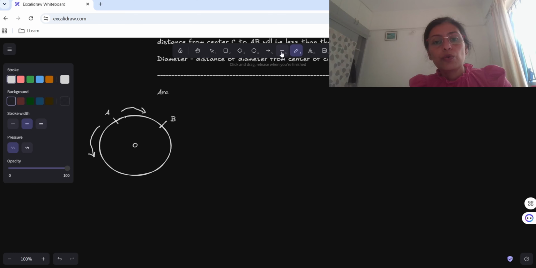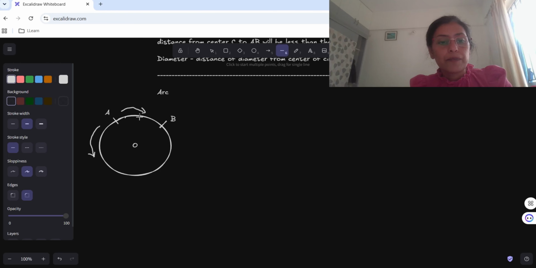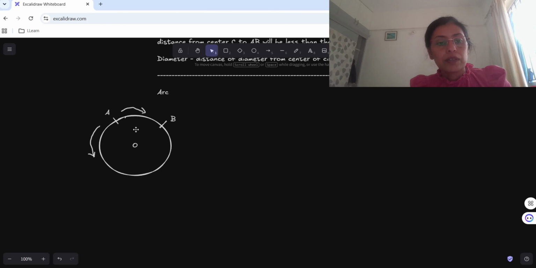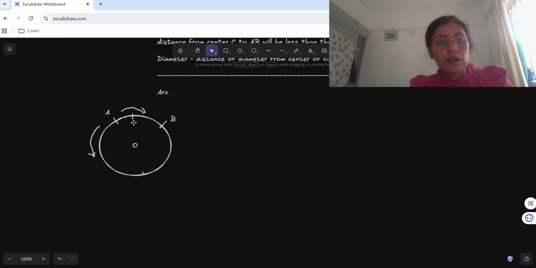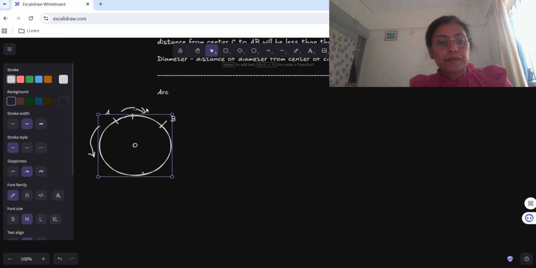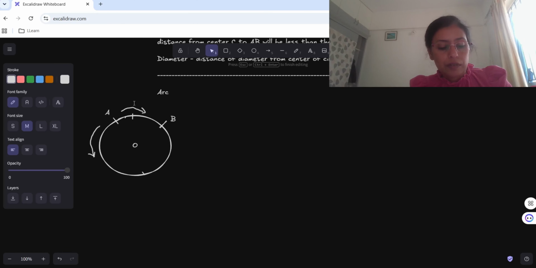So to show that, this is one way of going. I'll make a point here and I'll make another point here. I'll call this point X. I'll call this point Y. So an arc is two connected points on a circle.